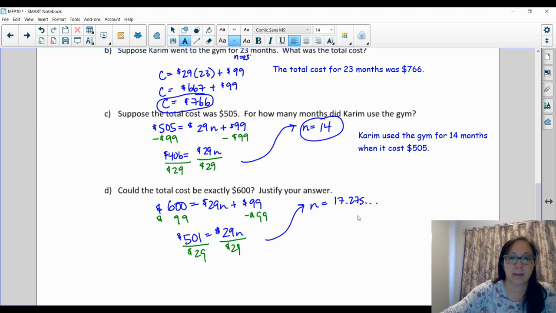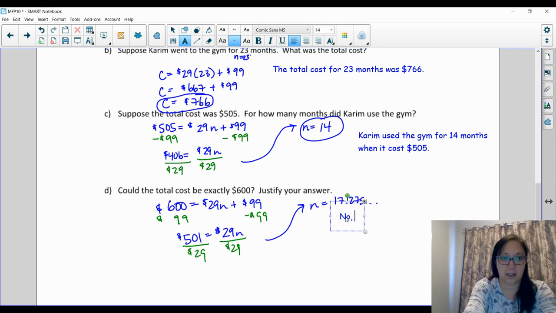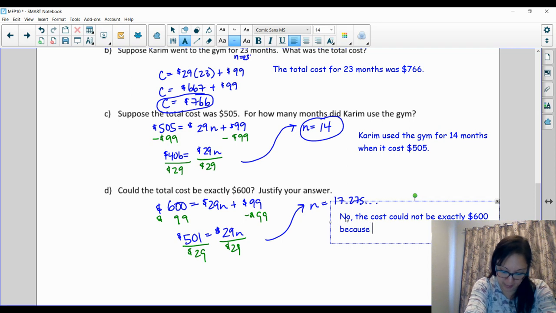They work in whole months generally. So no, the cost could not be exactly $600 because you get charged for entire months, not partial months.